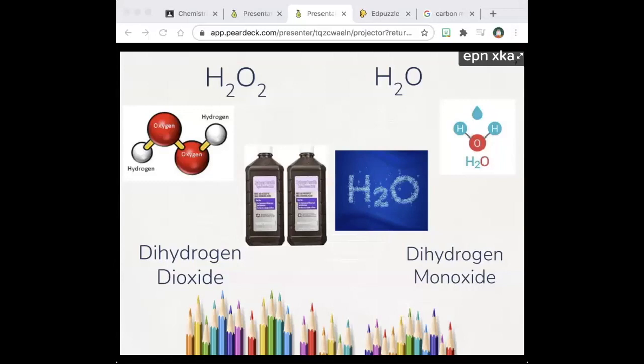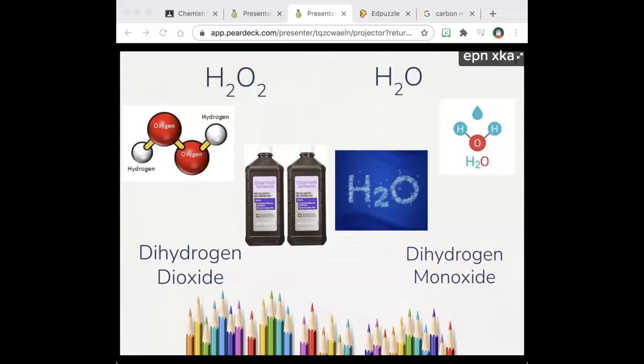The rest is water. But that 3% has that much of a reaction. If you've ever had your hair bleached with peroxide, that's about 6% peroxide. And if you actually drank 100% peroxide, your whole esophagus would be gone. It would be eaten away by this compound.